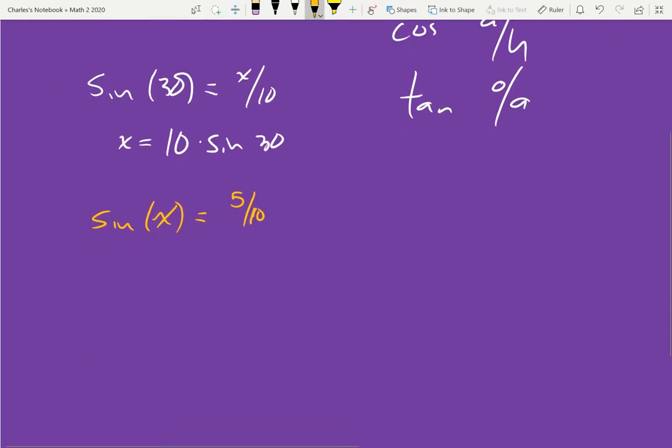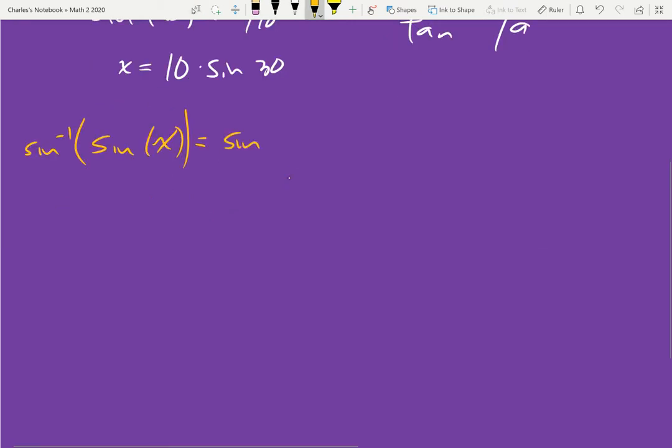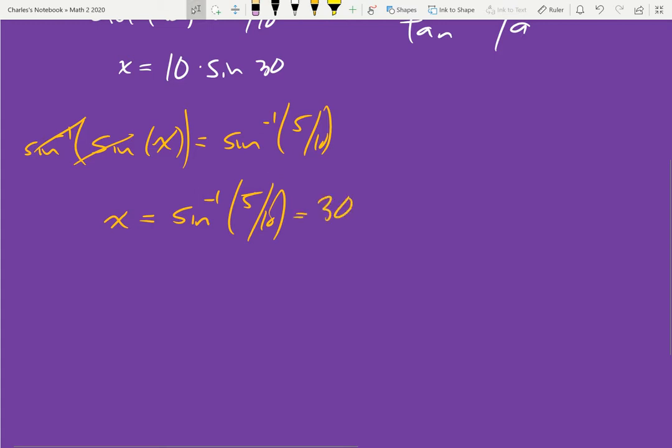The way I undo sine of x is I do everything to the sine inverse. So if I sine inverse the left side, I have to sine inverse the right side too. This cancels and I get x is equal to sine inverse of 5 over 10, which is 30.